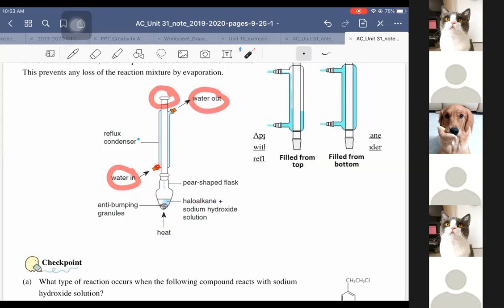You have cold running tap water going through the whole tube so that the organic reactant, when it evaporates, will condense back to the liquid and drop down to the round bottom flask. And then the process will continue until you get the final product. So that's the setup for heating under reflux.